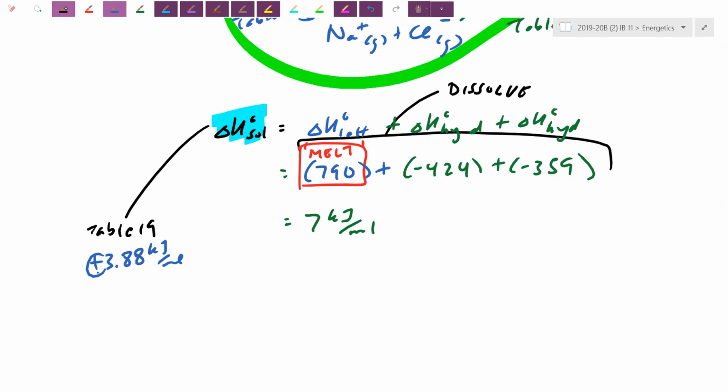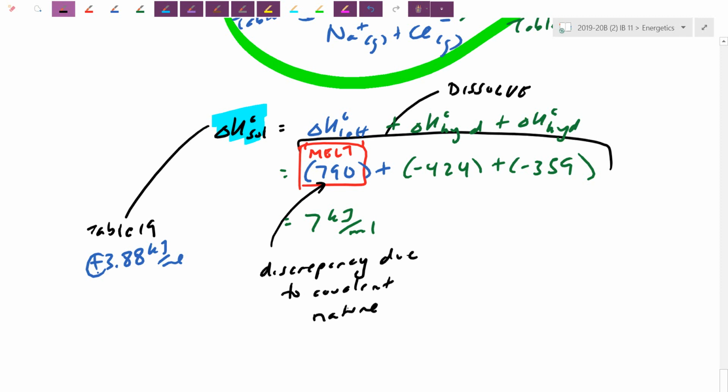The reason is that your lattice enthalpy would have come from that Born-Haber cycle, and like we said, it's possible any discrepancy is due to covalent nature. Even though NaCl should be a very ionic bond, there's no guarantee that it's necessarily 100% ionic. There may be some overlapping between the orbitals.